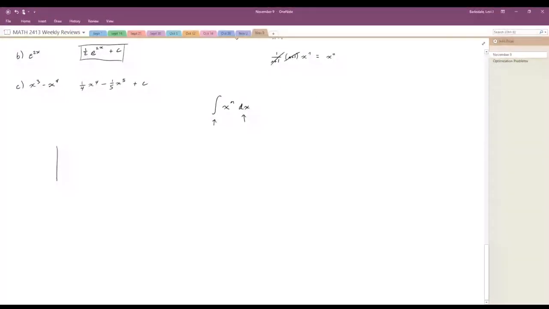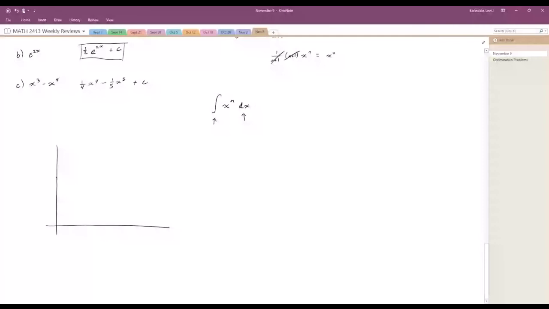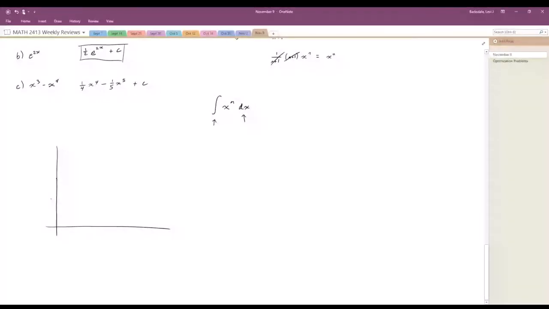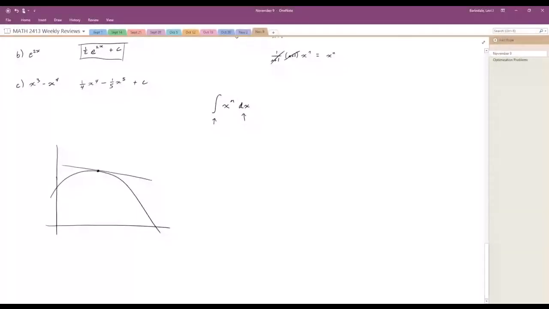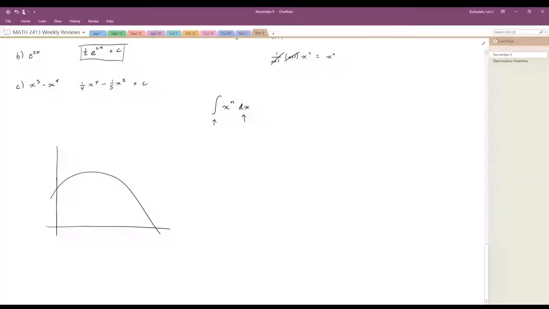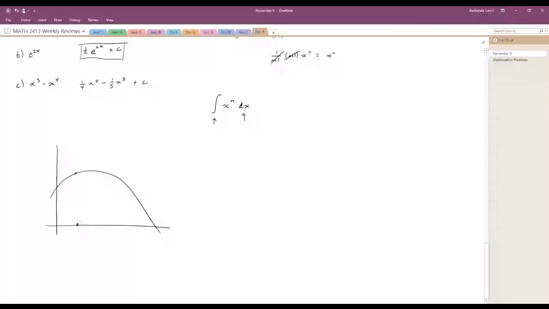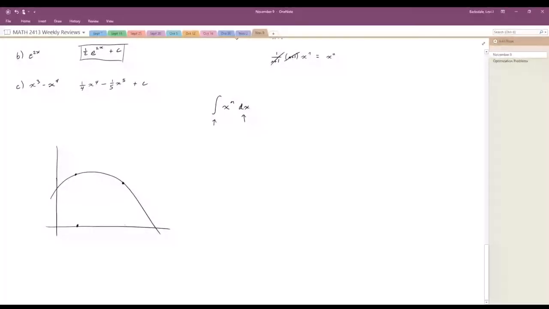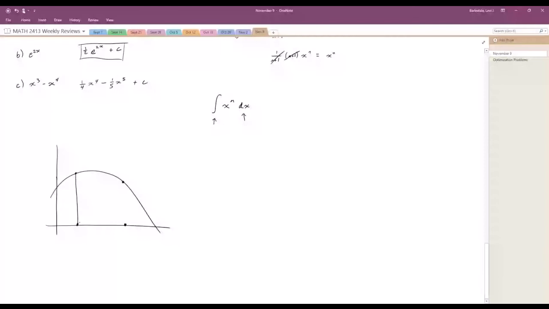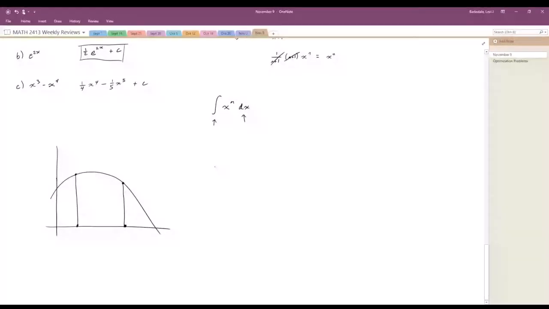Derivatives have a really nice geometric meaning. If we have a function, our derivative at a point tells us the tangent line at that point. Super nice. Likewise, antiderivatives have a nice geometric meaning. If we want to take an antiderivative between 2 points, one way we'll see that expressed is using this notation here.